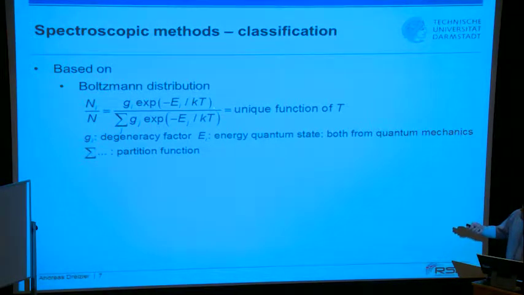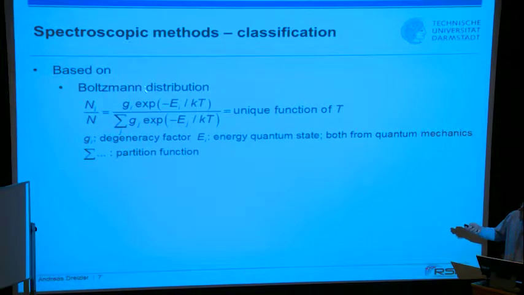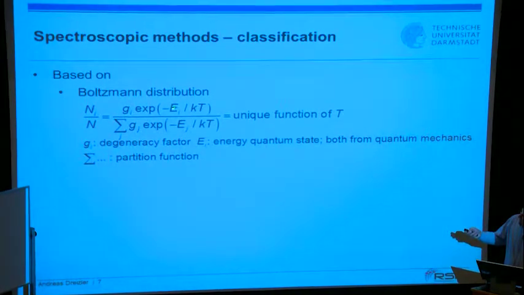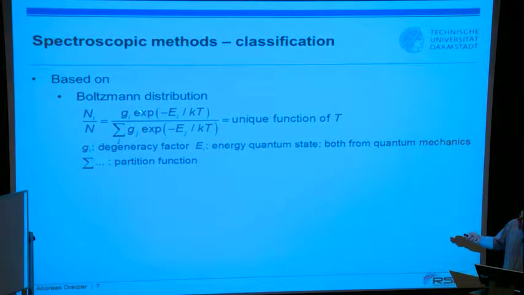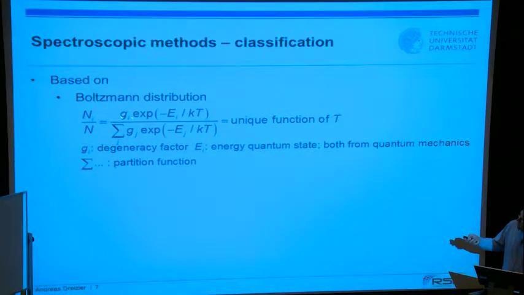Why? It links a thermodynamic state variable, the absolute temperature, to quantum mechanical properties that can be deduced in the end from the Schrödinger equation, having here the energy values of certain eigenstates of your molecule and the Boltzmann constant and the degeneracy factor.